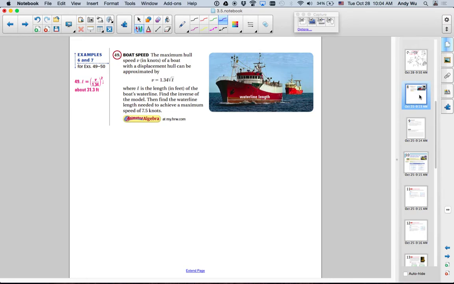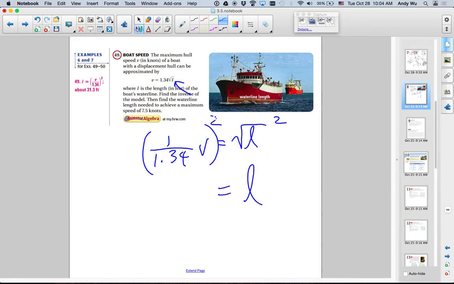So we're simply solving for L by first dividing both sides, getting V over 1.34 equals radical L, and then you square both sides. You get L is equal to V over 1.34, squared.